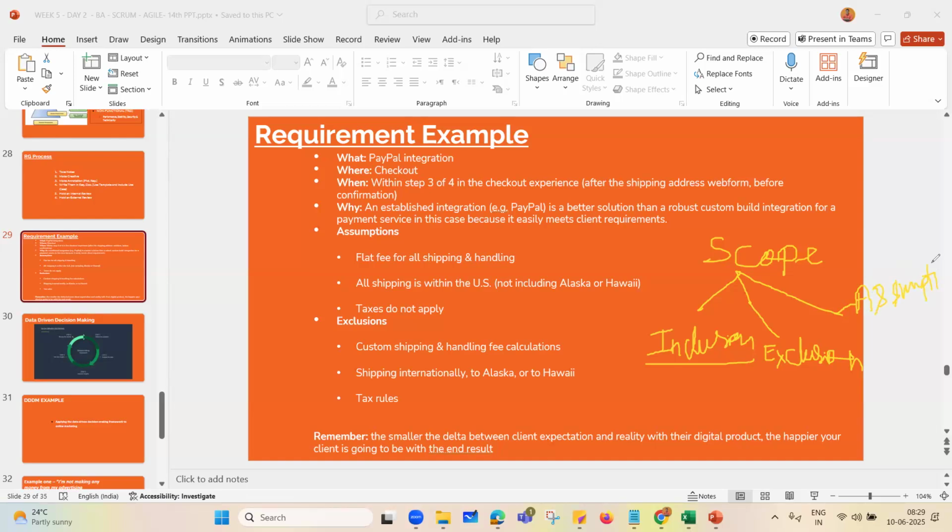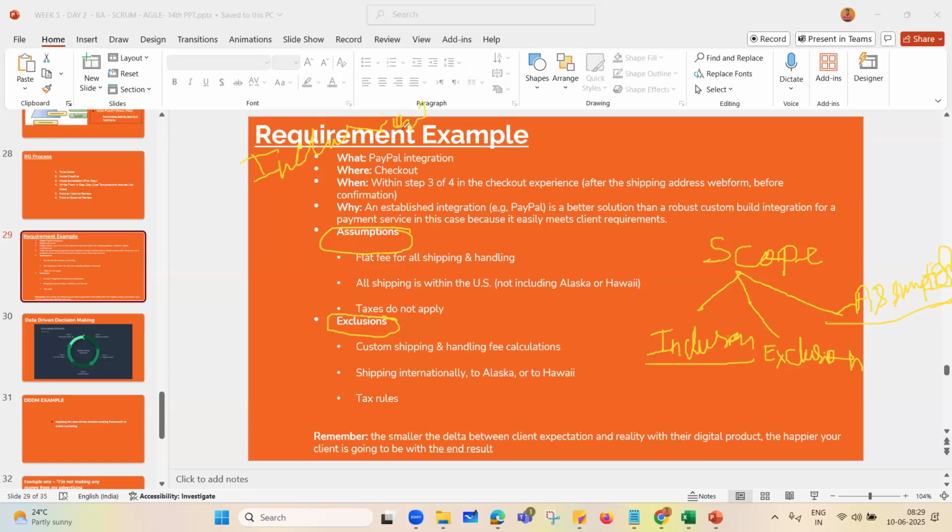So in the parallel example on the left hand side of the screen, you see here we have exclusion, we have assumption, and the item above is part of inclusion.